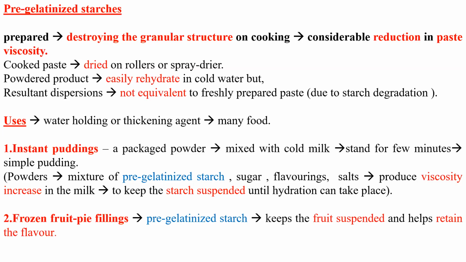This powder is a mixture of pre-gelatinized starch, sugar, flavorings, and some salts are also added to produce a viscosity increase in the milk to keep the starch suspended until hydration can take place. Even for frozen fruit pie fillings, pre-gelatinized starch is used to keep the fruit suspended and help retain the flavor for a long time.